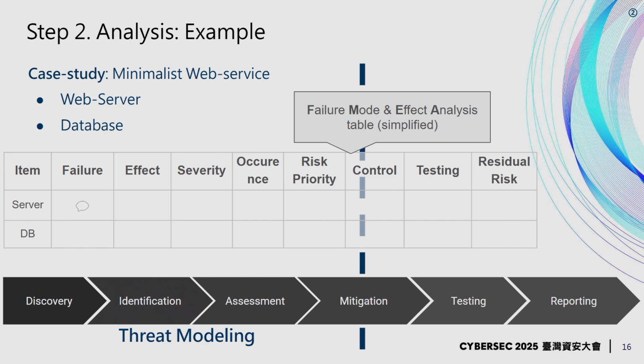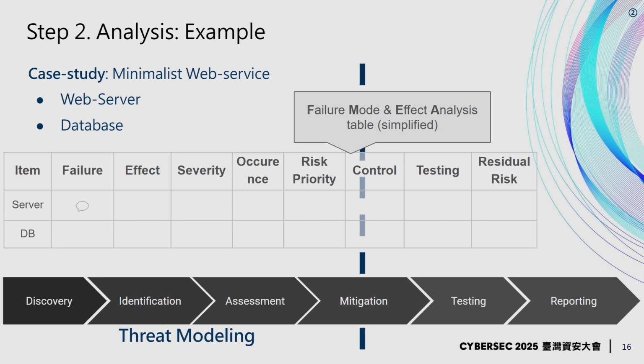All right, let's do a quick example. So let's see a minimalistic example of a web server with a database. And usually we capture those elements in a table usually called a failure mode and effect analysis table that we see there. So we'll try to brainstorm a few risks quickly. So I don't know if anyone can tell me an example of a risk for our web server.